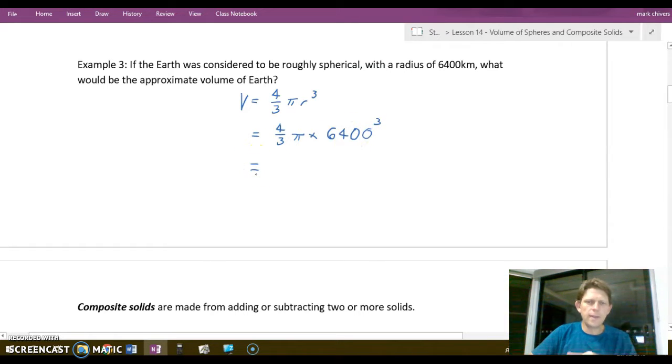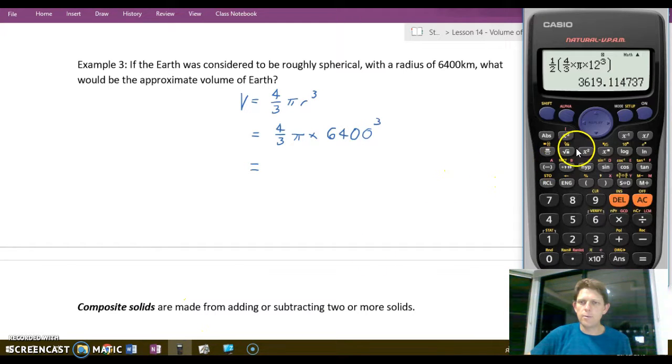Now that's going to give me a rather large number, I suspect, but we'll plug that into the calculator and see what happens. So 4/3 times by pi times by 6,400 cubed. I might have said squared before, sorry if I did.